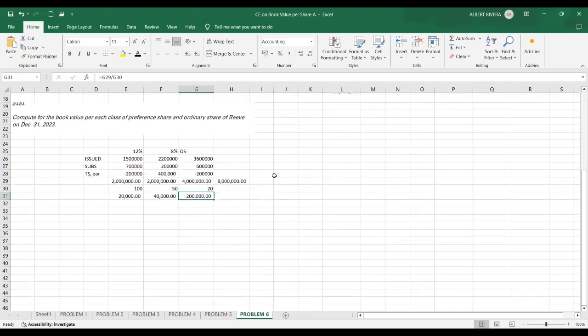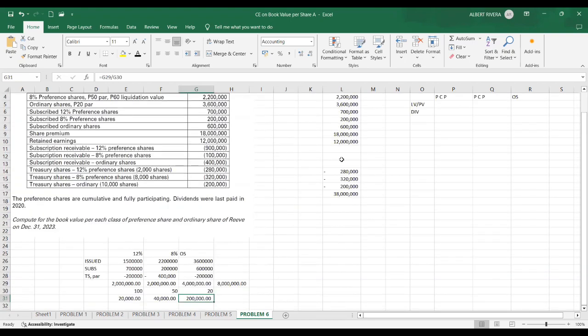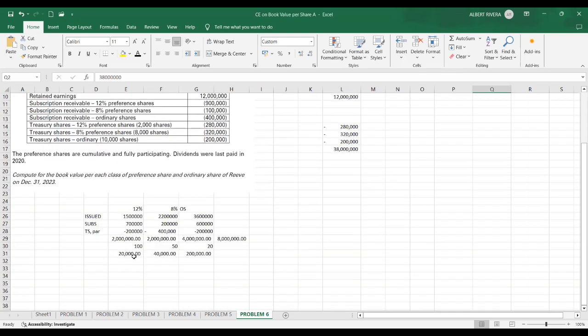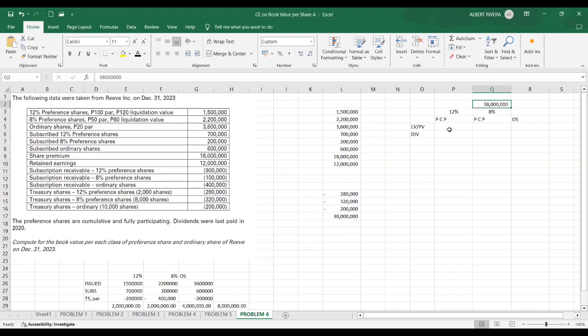So the total stockholders' equity is again 38 million pesos. Okay? So here, we have the liquidation value for 12%. So this is 120. So the number of shares outstanding is 20,000 shares times 120. So this would be 2.4. Okay? As the liquidation value of the 12% preference share.